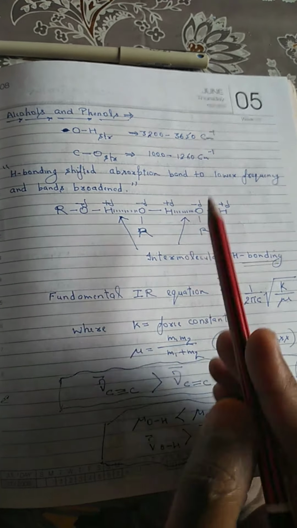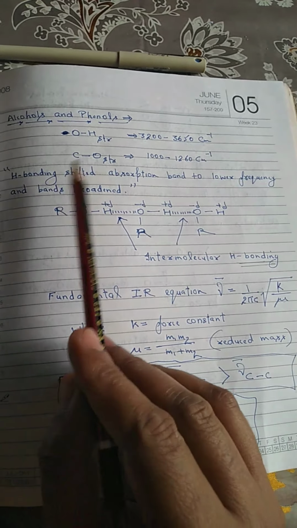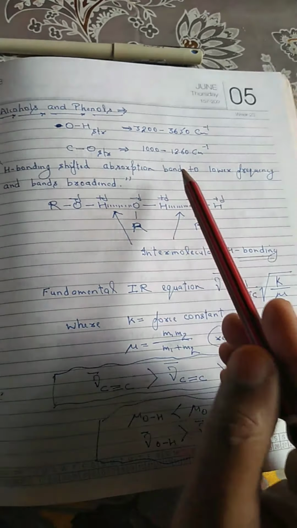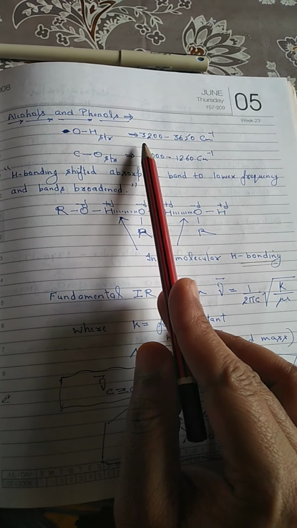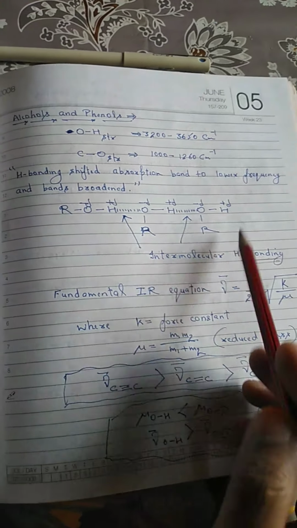It means wherever hydrogen bonding is present, the OH stretching frequency lowers to 3200 centimeter inverse. Why does it happen?